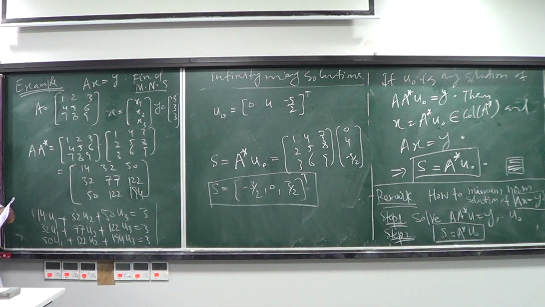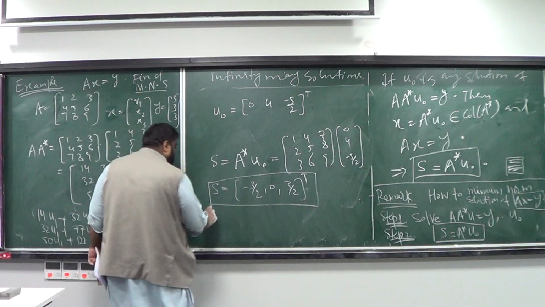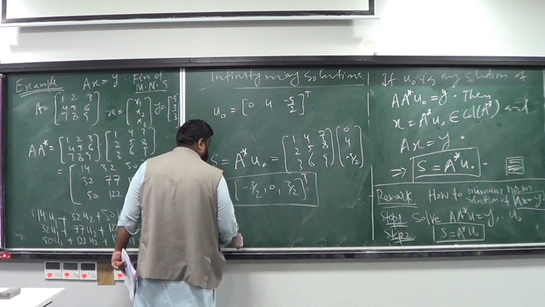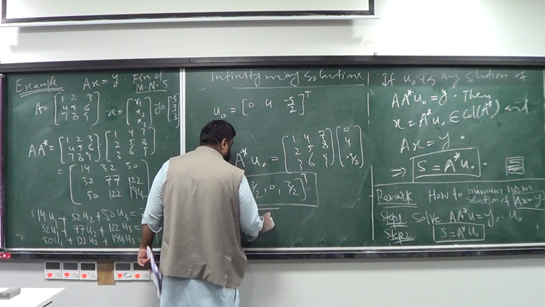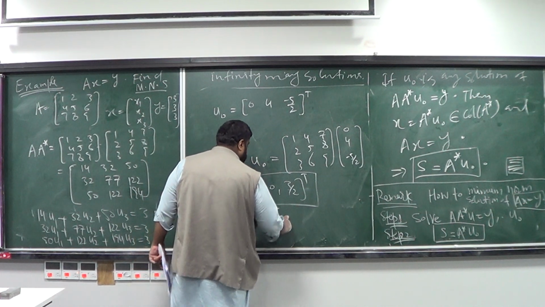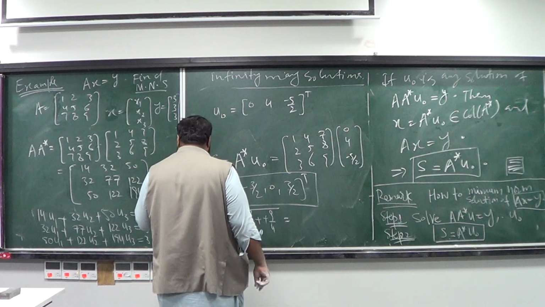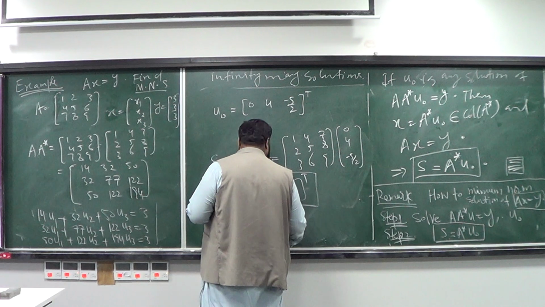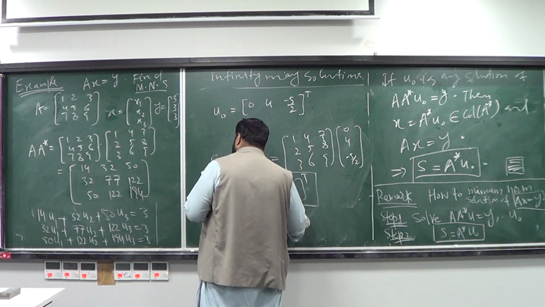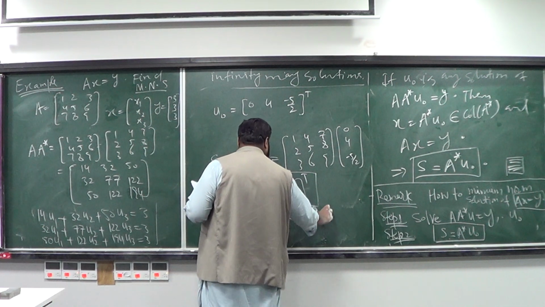You can actually check it. If you compute the norm of this, the square root of 9 by 4 plus 0 plus 9 by 4, it is approximately 2.1213.